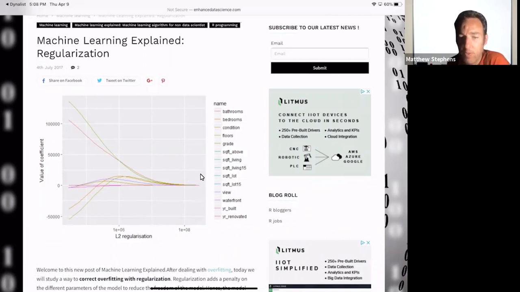So this extreme right-hand end is where there's very strong regularization and everything is getting set to 0. At the left-hand end, there's essentially no regularization, or much less regularization. I'm not quite sure it's got to no regularization, but much less.